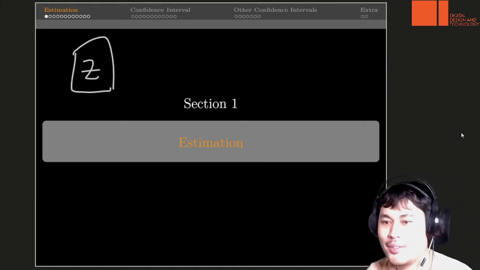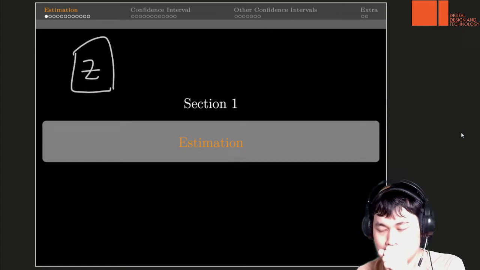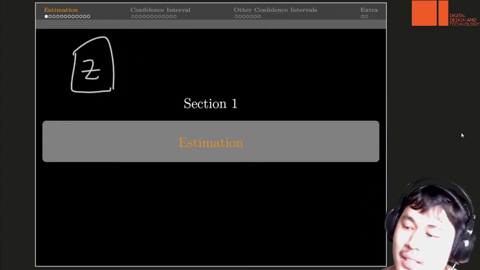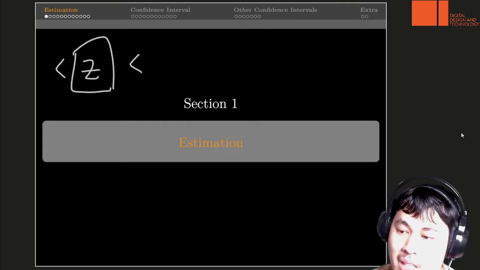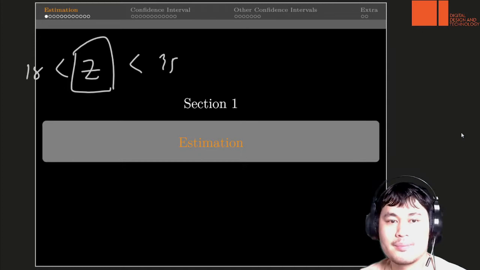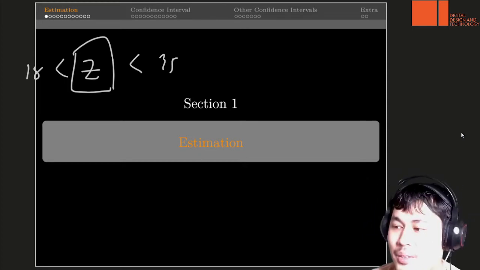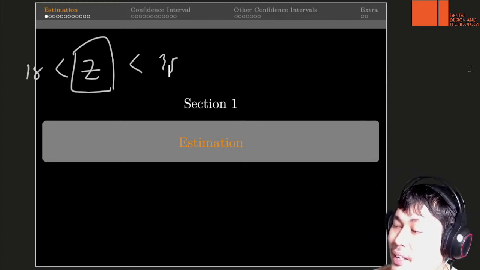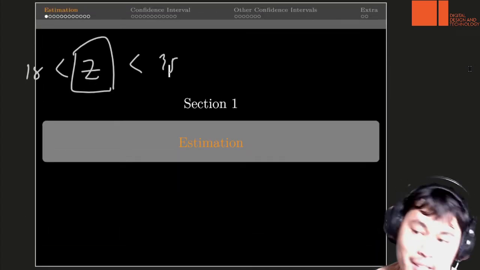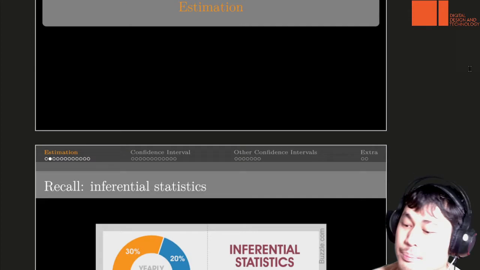But if I ask you to estimate, then you might say, maybe the age of that person could be between, I don't know, 18 to 35, using some math or some clever deduction. And this is what we are going to do first here about the estimation.